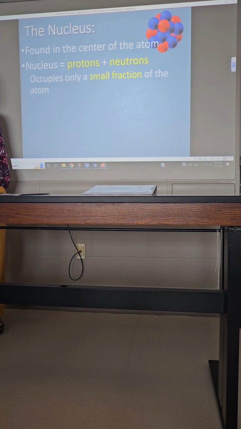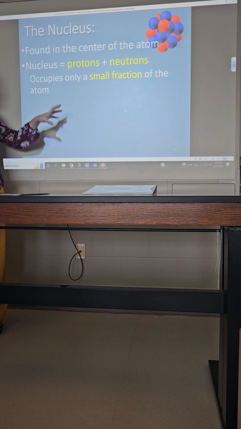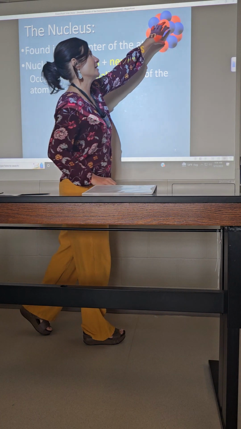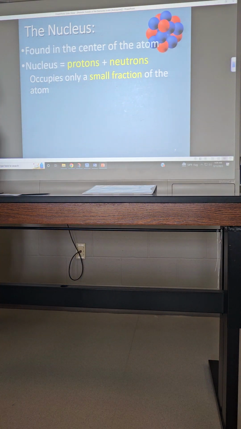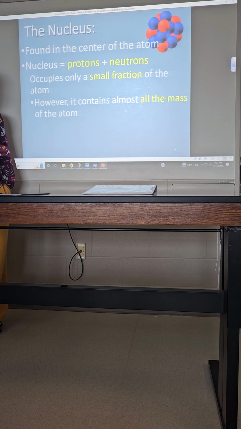It is only a very, very small fraction of the overall space that an atom takes up. But just like the Bill Nye showed, it's very concentrated, very dense, and it actually has the most mass of the entire atom, found right there in that nucleus. It's so much of the mass that they say almost all.